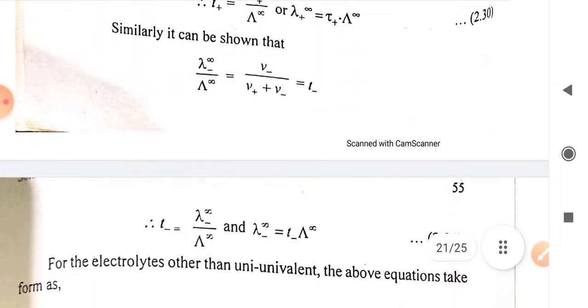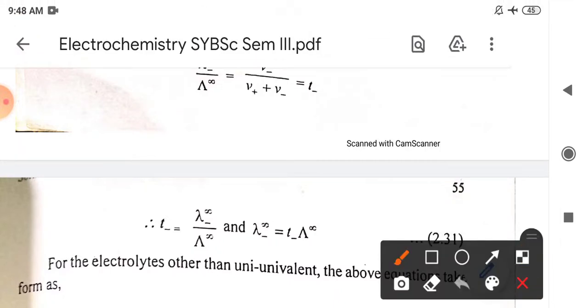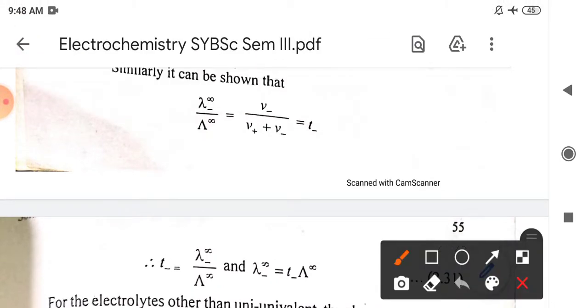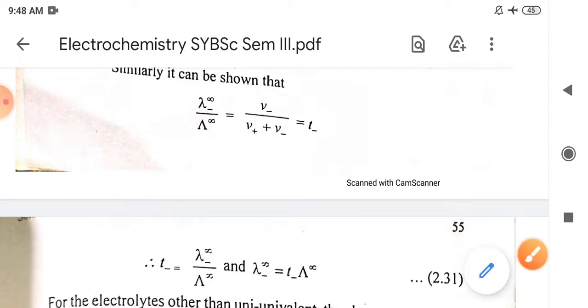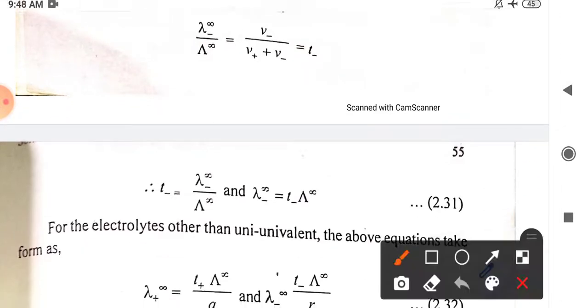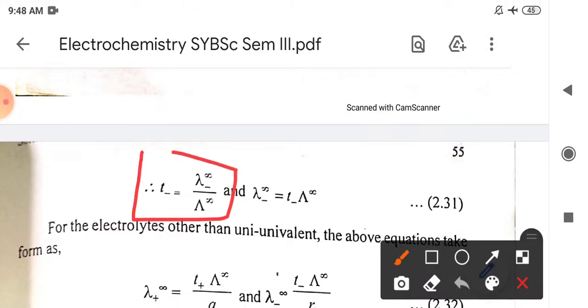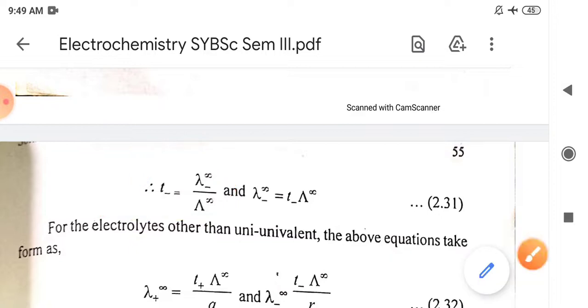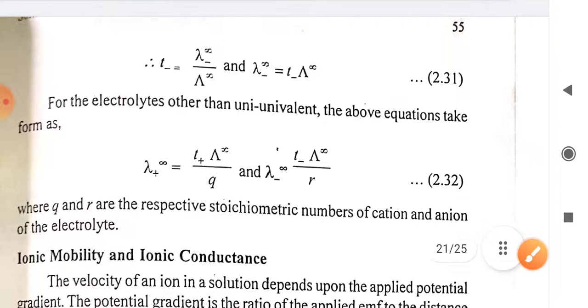Similarly, for the anion we can obtain the same type of relation, that is lambda minus at infinite dilution upon lambda naught is equal to v minus upon v plus plus v minus, which is t minus. So overall t minus is equal to lambda naught for the anion divided by lambda naught. So these are the important equations relating the transport number, the ionic conductivity and the molar conductivities.